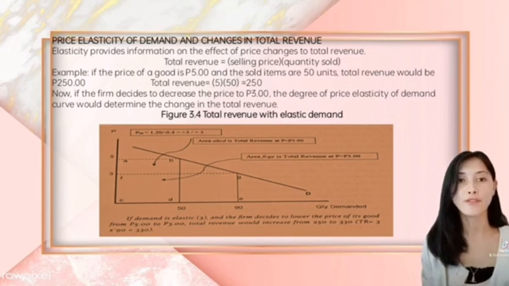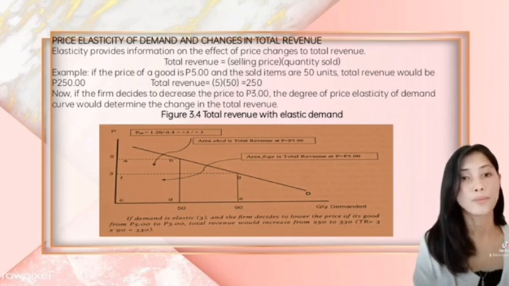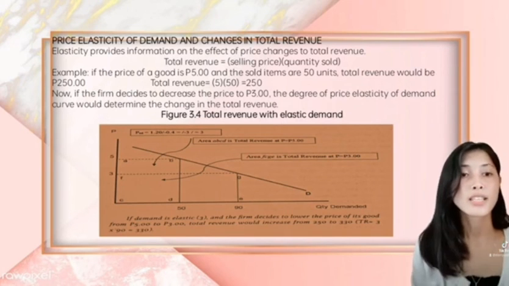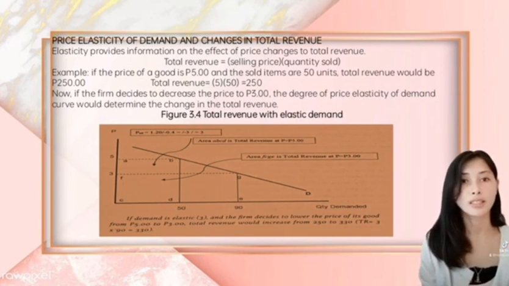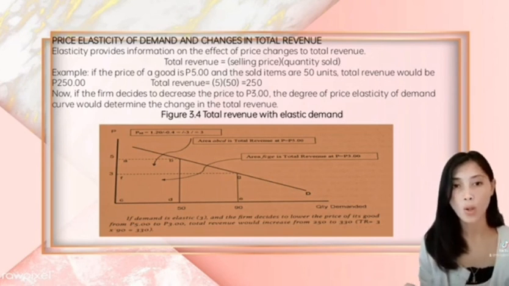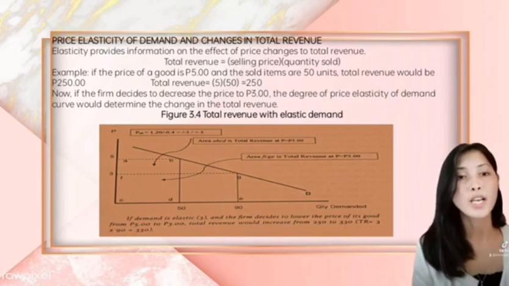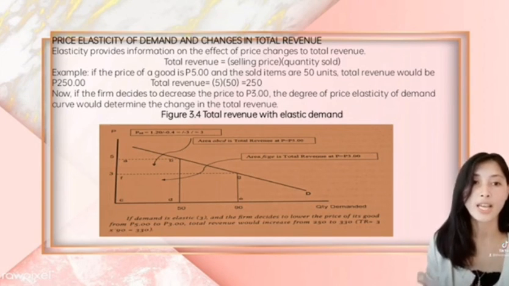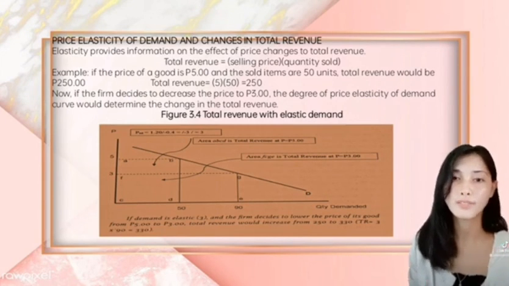Since the area F2A, the total revenue is 330, since the 3 pesos is the selling price and the quantity sold is 90 units. So we will multiply it, then the result will be 330, and that is our total revenue.